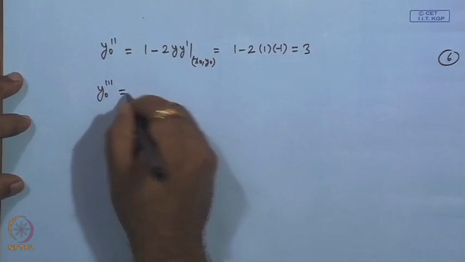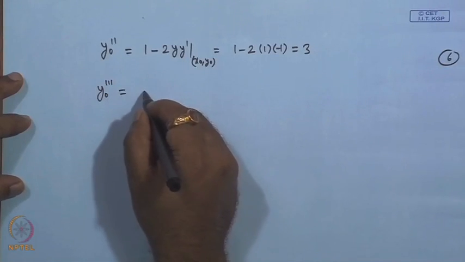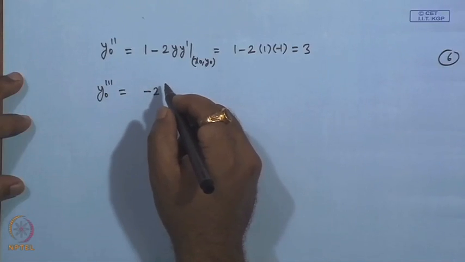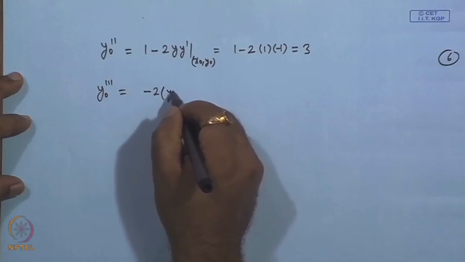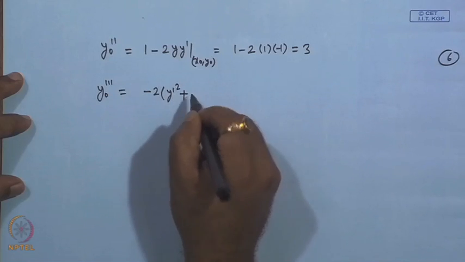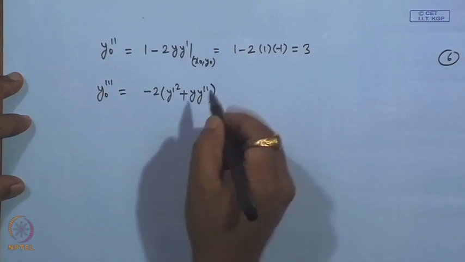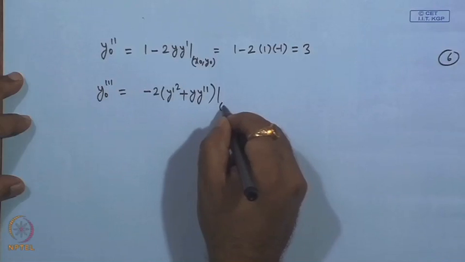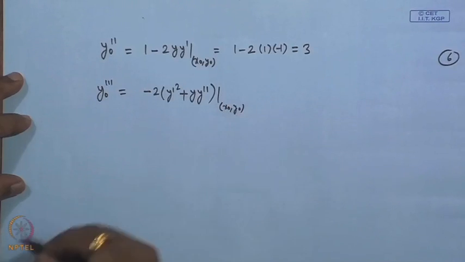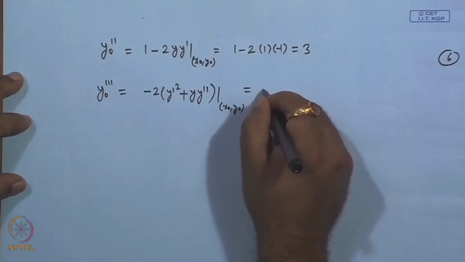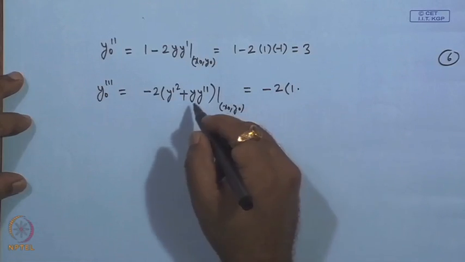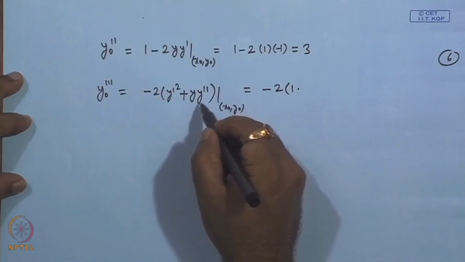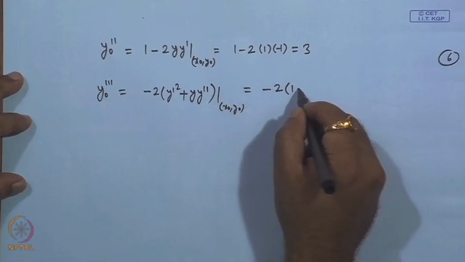Then y triple dash 0 is minus 2 y dash square, of course evaluated at 0, plus y y double dash, y 0 is 1 and y 2 is 3, so this is 3.